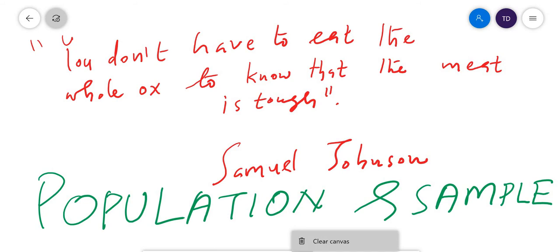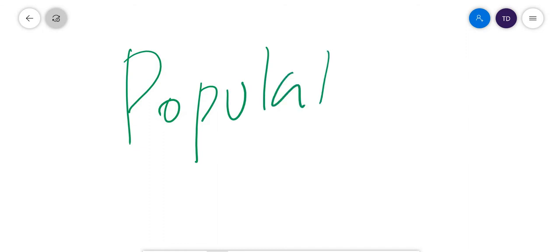So population means it contains all of the elements from a set of data. But a sample consists of one or more observations drawn from the population. More than one sample can be derived from the same population.